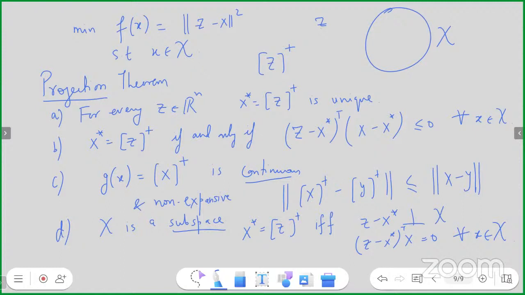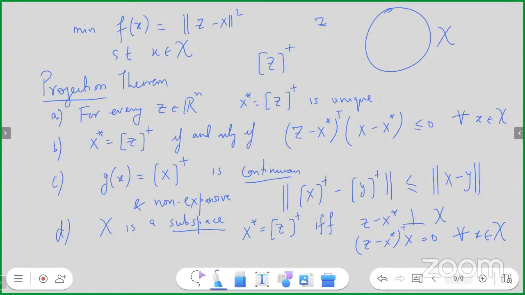Whatever we have done so far, it's a strict convex function. What is the strict convex function? Z minus X whole square. It's a strictly convex function. That implies that Z plus is unique. That's simple. Once you develop all the machinery, certain things will follow quickly. So part A comes directly from the strict convexity of the norm of Z minus X squared. That's all.